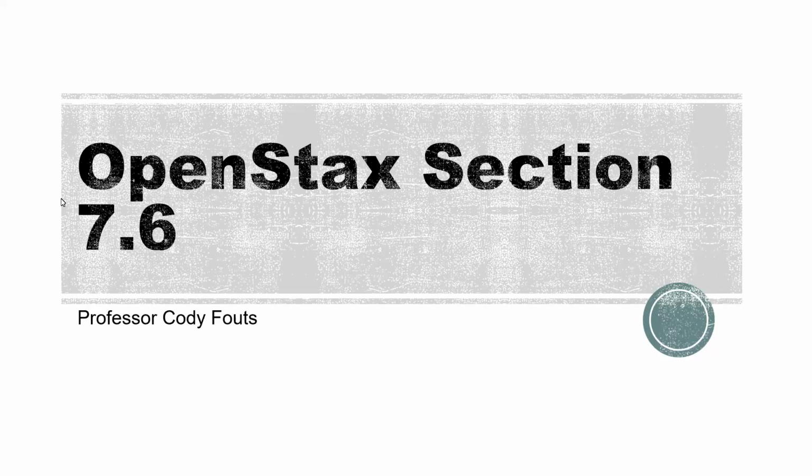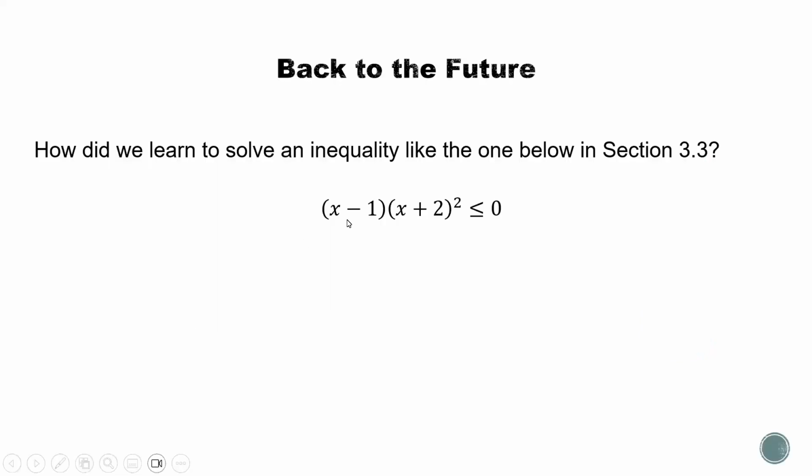Okay, so from materials earlier in the course, we've learned to solve an inequality like this one, where we're given x minus 1 times x plus 2 squared less than or equal to 0.